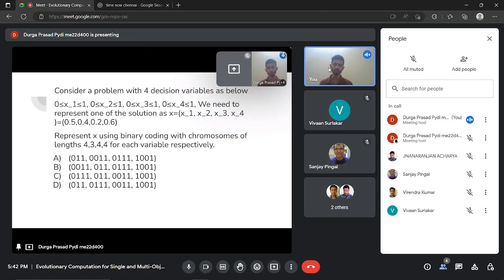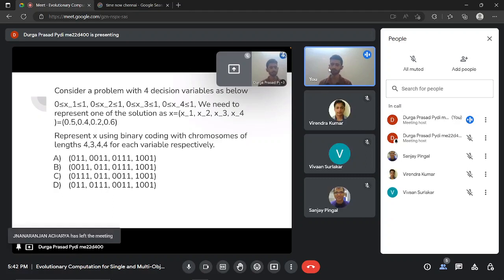I hope the process is clear. Initially we convert the original values to decoded values. And once we get the decoded values, we'll convert them from decimal to binary.